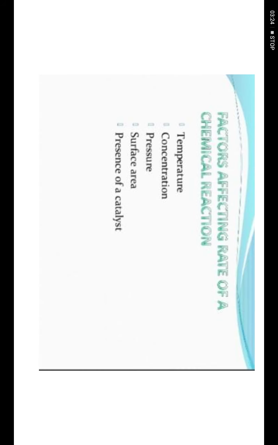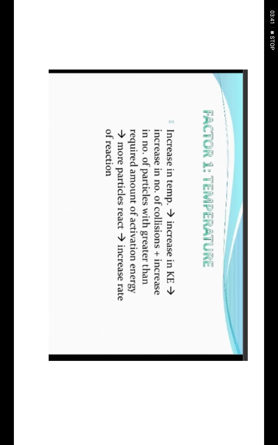Next, we'll study the factors that affect the rate of a chemical reaction. The following factors affect the rate of a chemical reaction: temperature, concentration, pressure, surface area, and presence of a catalyst. Now see how temperature affects the rate of the reaction. As we increase the temperature of a particular reaction, definitely the kinetic energy will increase.